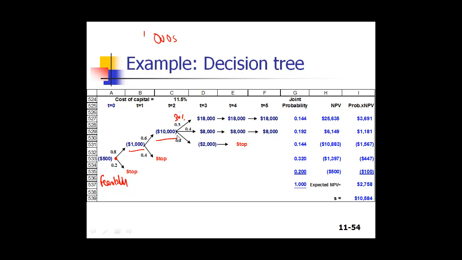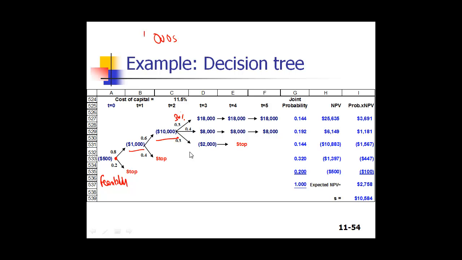And if it is average success, then there is a 0.4 probability of that, and in that case the net cash flow will be 8 million, 8 million, 8 million. Or after making the production facility you decide that this isn't quite working, in which case you incur a loss of 2 million and stop.